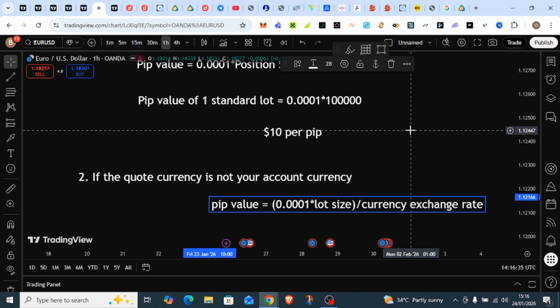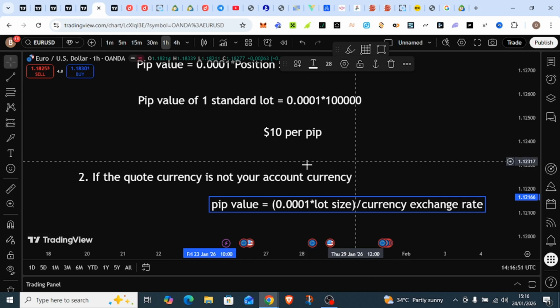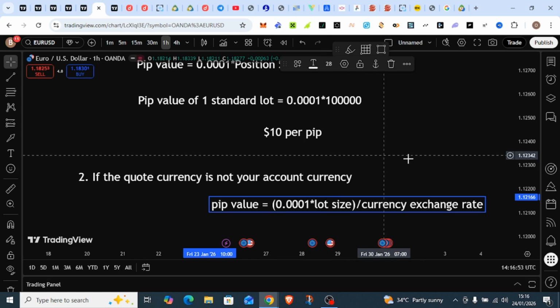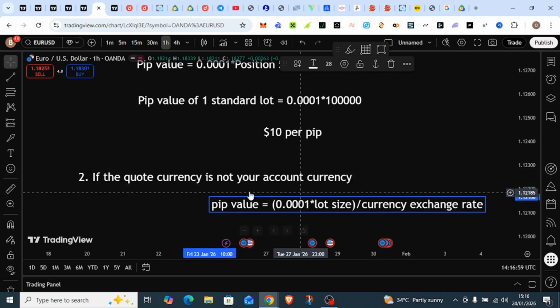What do I mean? If what you have in your account is USD and the pair you are trading is not quoted in USD, you will use this formula.